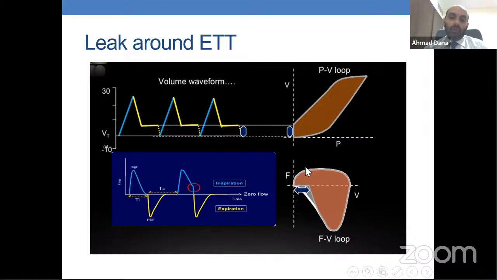The flow volume should start from zero and come back to zero. In the negative deflection, the expiration should come back to zero. If it comes back earlier, this means that this is a leak. So now we know how the leak looks in the flow waveform, the volume waveform, and in the loops, the pressure volume and flow volume.